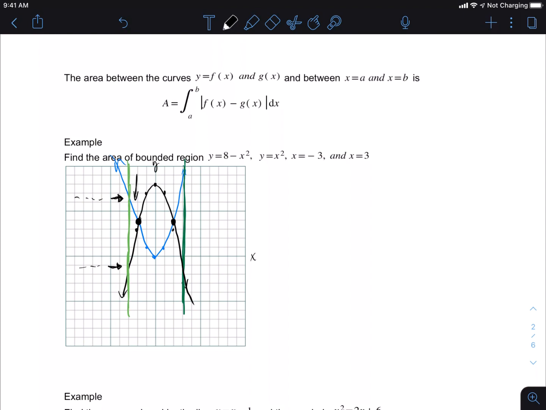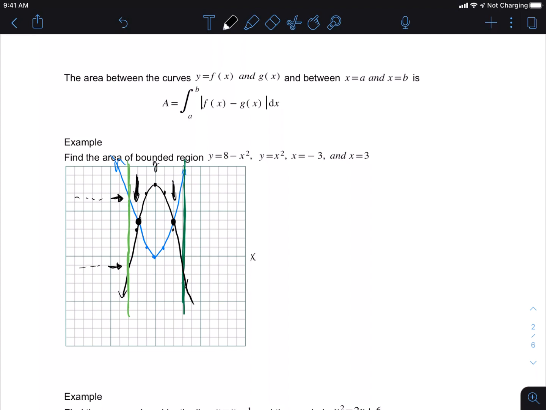But we see some transitions happening here, don't we? We see a transition right here at this value. It's going to switch from blue being on top to blue being on the bottom. And then again, it's going to switch here, going from blue on the bottom to blue being on top. Does that make sense?